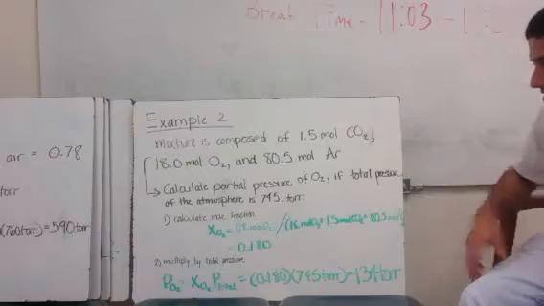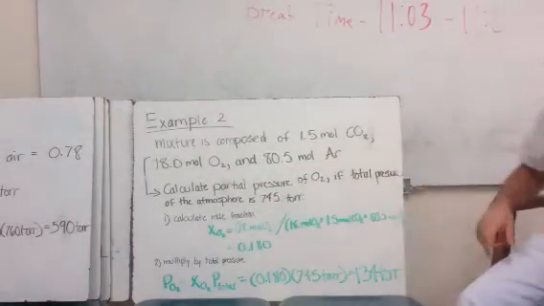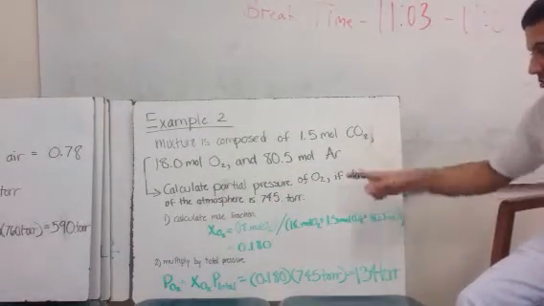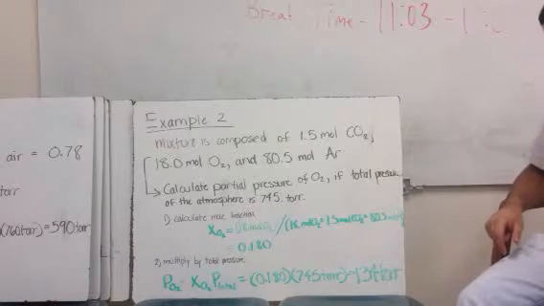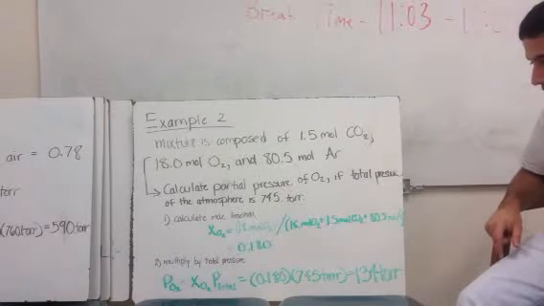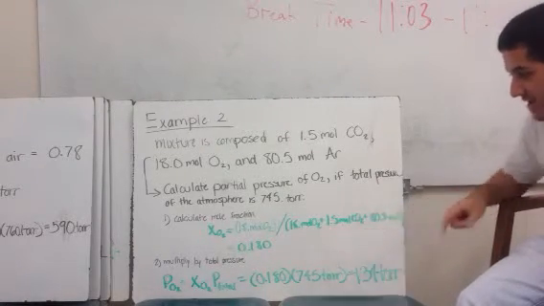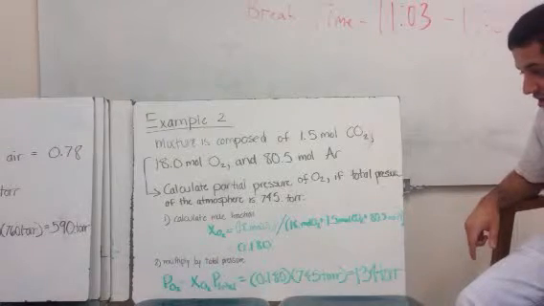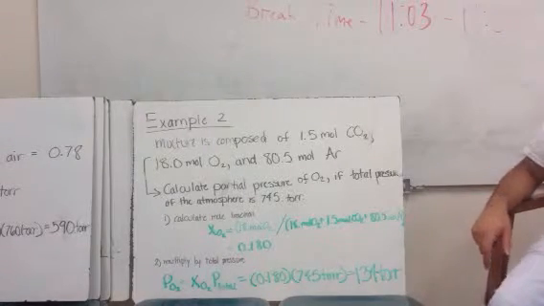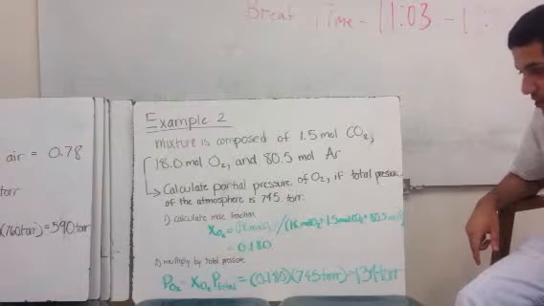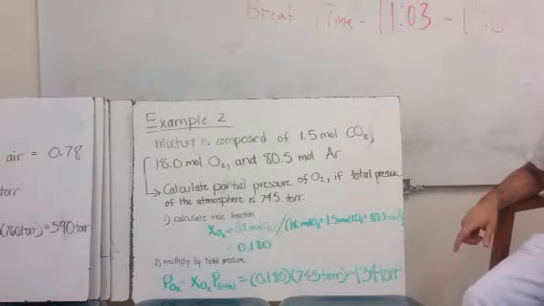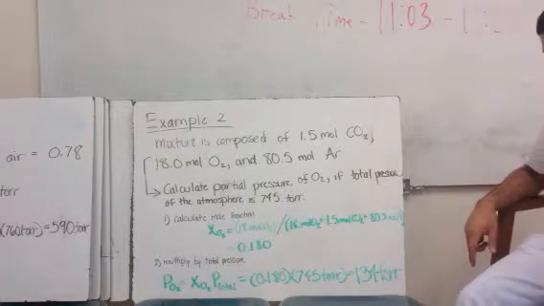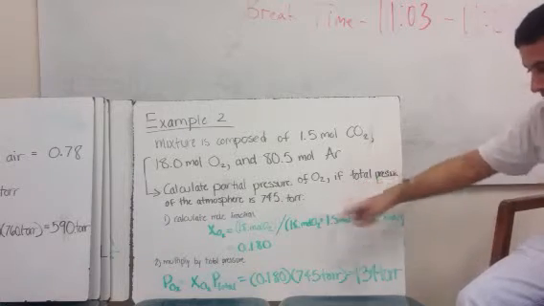So we know there's 18 moles of O2, and we have to add up all the other moles in the equation to give us the fraction of just O2. So that would give us 18 over 100, which is 0.18. And then we have to multiply the mole fraction by the total pressure, which we know as 745 torr.